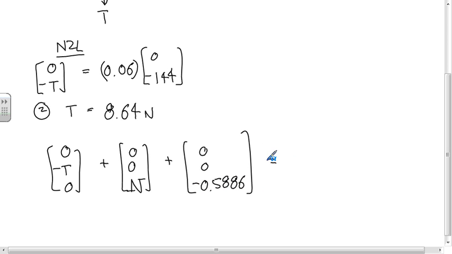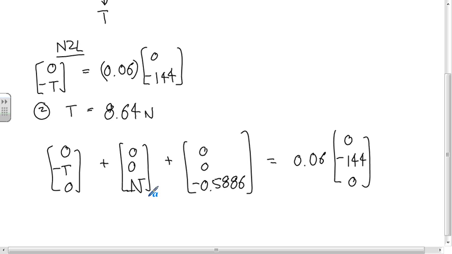And those would be equal to the mass, 0.06, times 0, negative 144, 0. And so you just have 3 equations, and it would let you figure out that the normal force was equal to the weight force. But the other numbers would come out exactly the same.